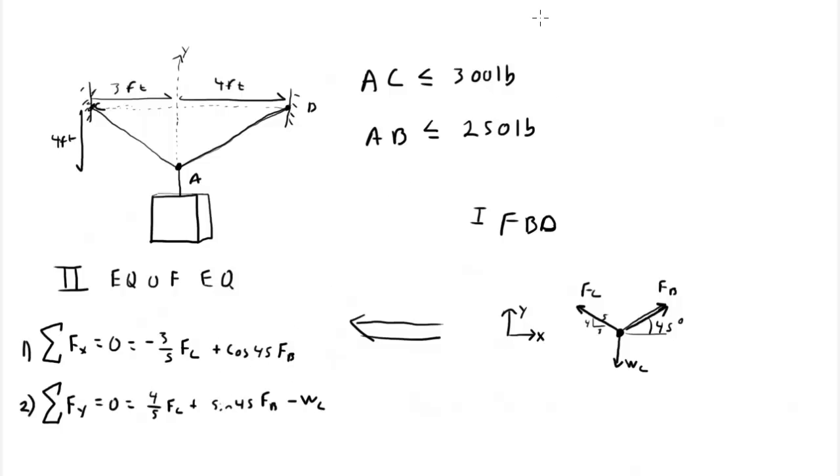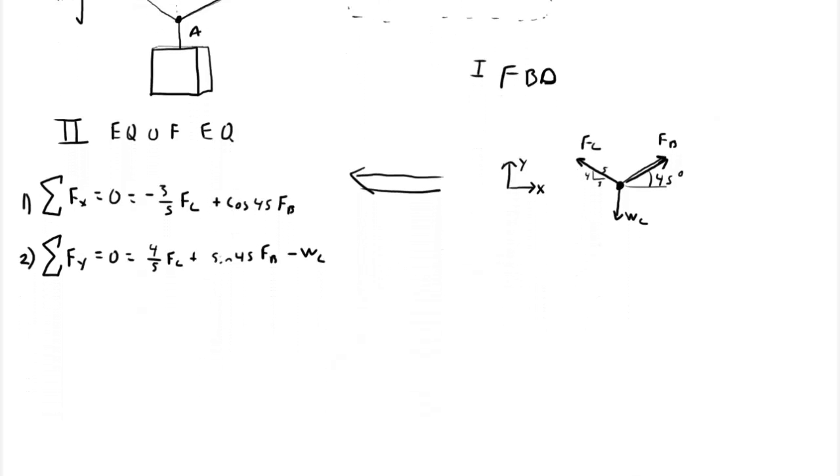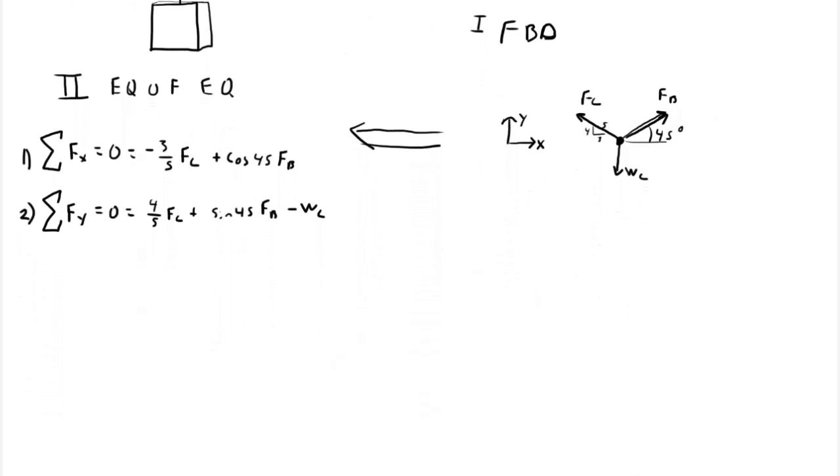If we look back here, we have this other extra information that the problem gave us. It said AB can't be any bigger than 250, and AC can't be any bigger than 300. So let's assume that one of these 2 is equal to its maximum, and see if the other one meets its criteria as well. If the force in AC is actually equal to 300 pounds, that means that FC equals 300 pounds.